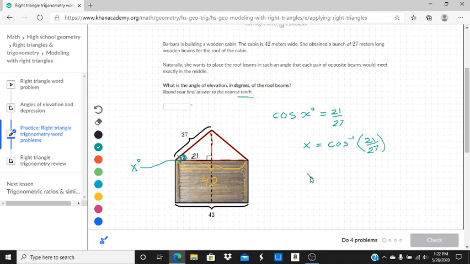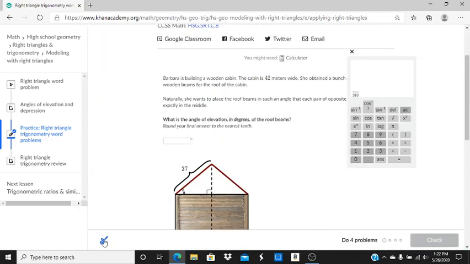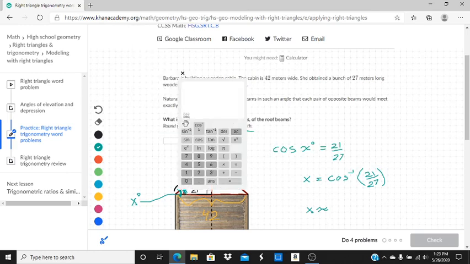So x is going to be approximately, well, we're going to need our calculator. So we're in degrees. We'll want to take inverse cosine or arc cosine of 21 divided by 27.